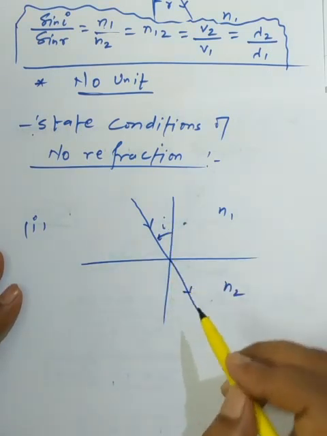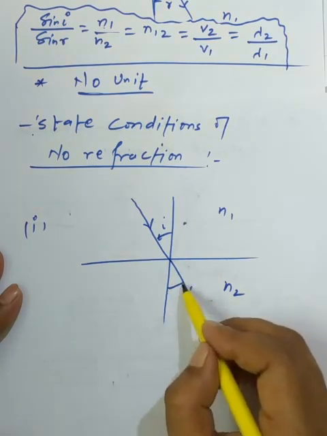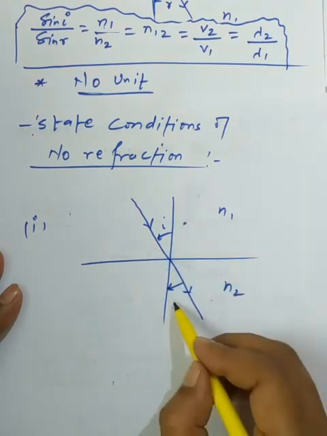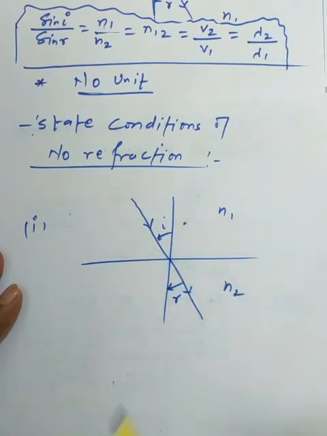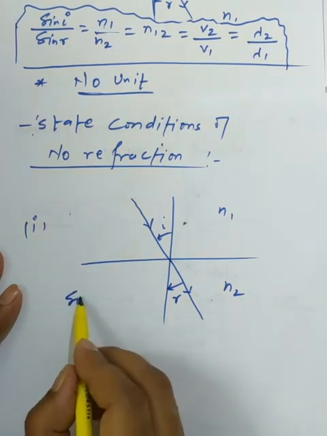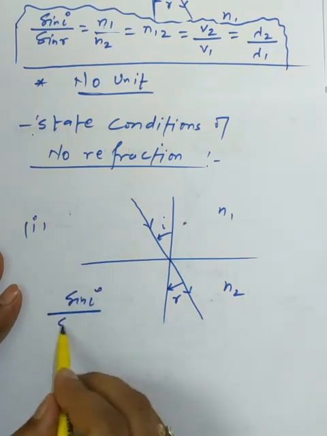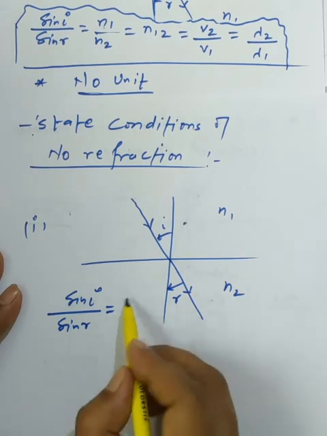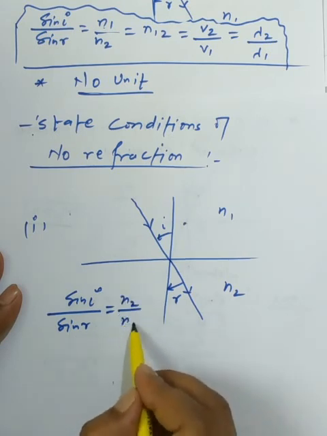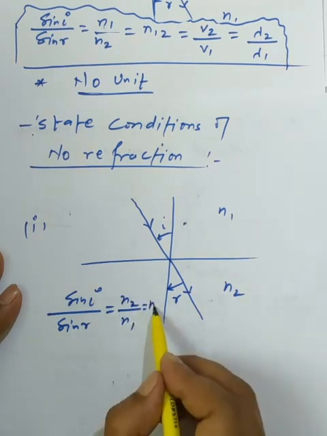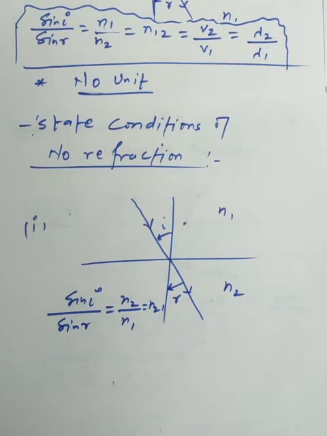There is no deviation of the ray, it moves straight, so angle i will be equal to r. So we write sin i upon sin r is equal to n2 upon n1, that is n21.